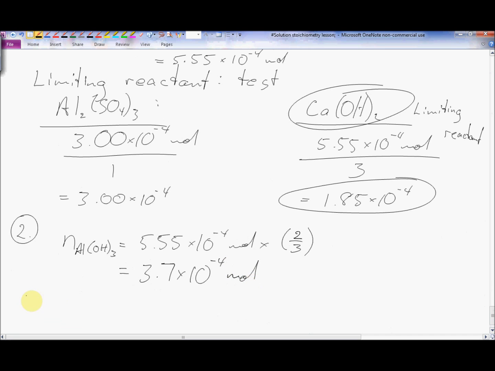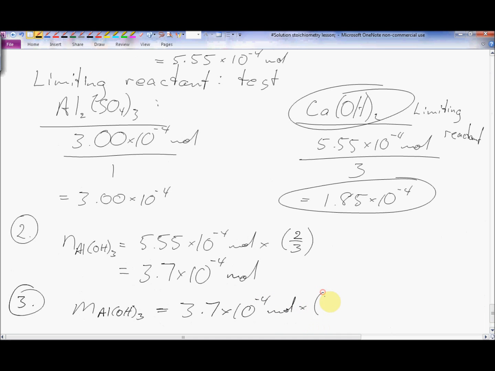And so therefore, step 3, give them what they're asking us for: the mass of aluminum hydroxide will be number of moles times the molar mass of aluminum hydroxide.